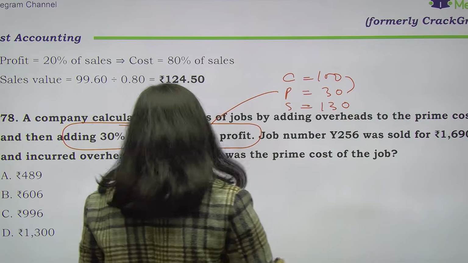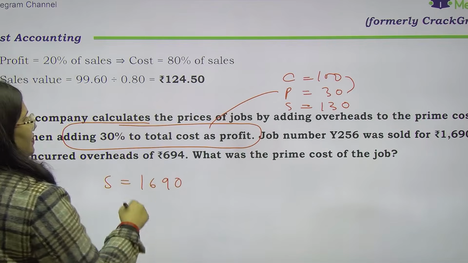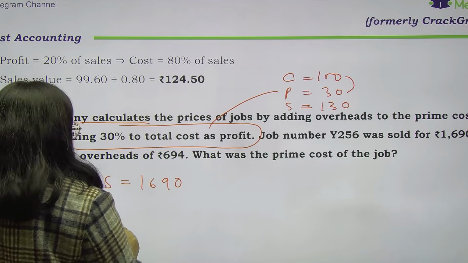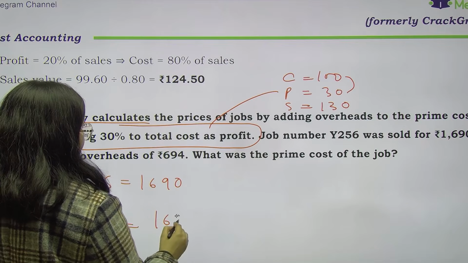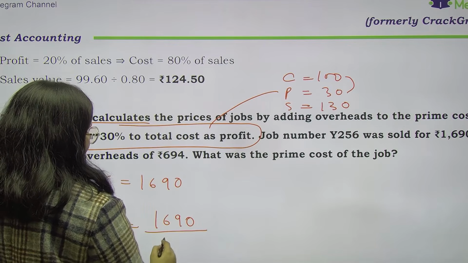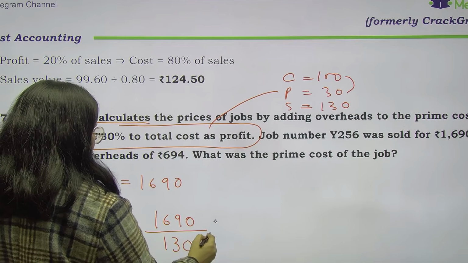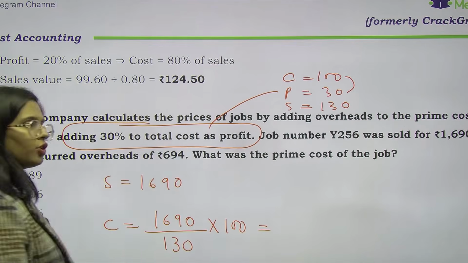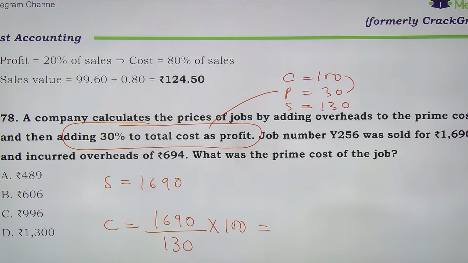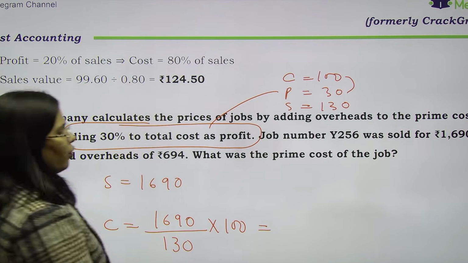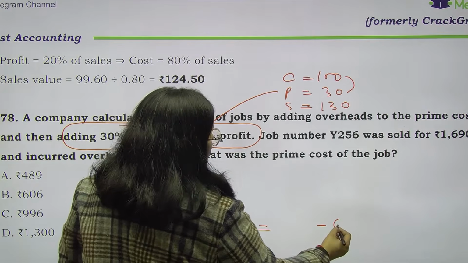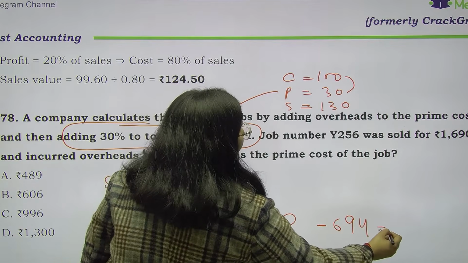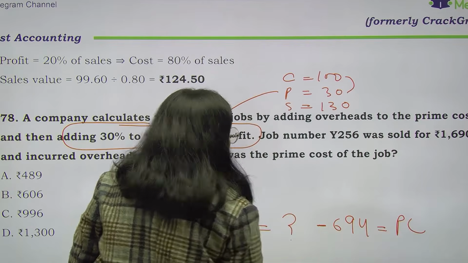So how should I calculate it? This is the sales which they have provided me and they are asking about the prime cost. So ठीक है, how to find out the cost? 1690 is the sales. If this is equivalent to 130, what 100 is going to be? This is my cost. Total cost आ जाएगी. Out of this total cost, if I will remove the overheads, इस cost में से अगर मैं overheads को minus कर दूं, I will know my prime cost.